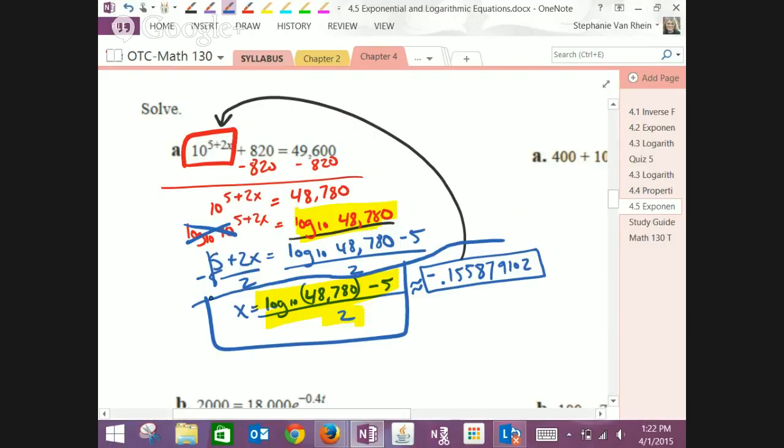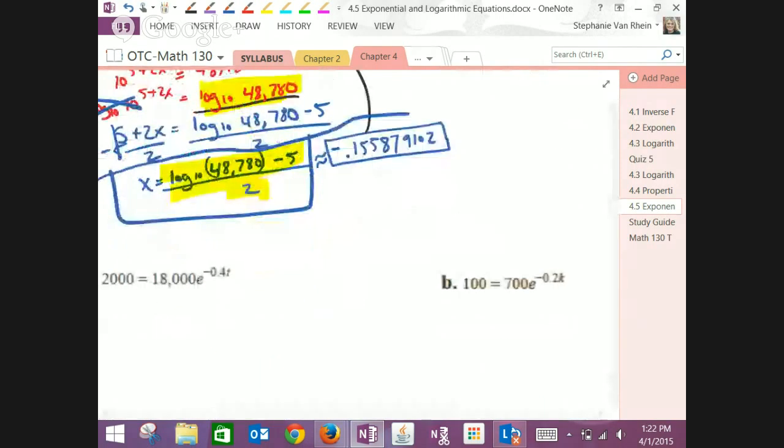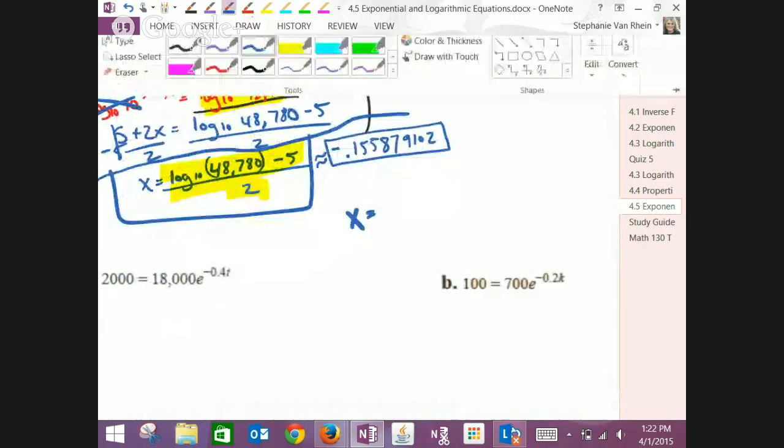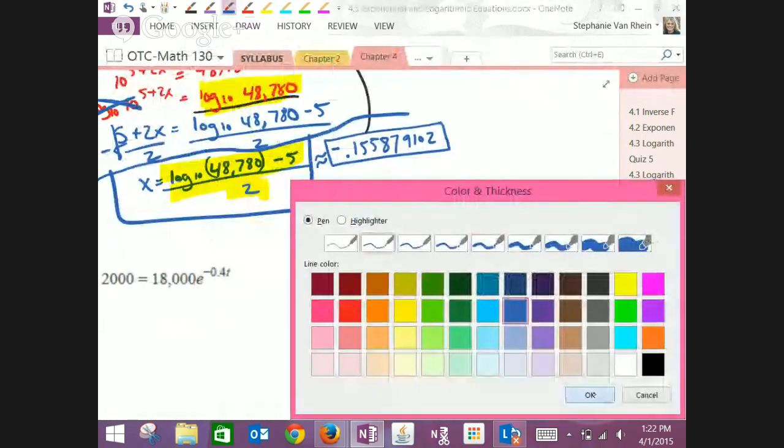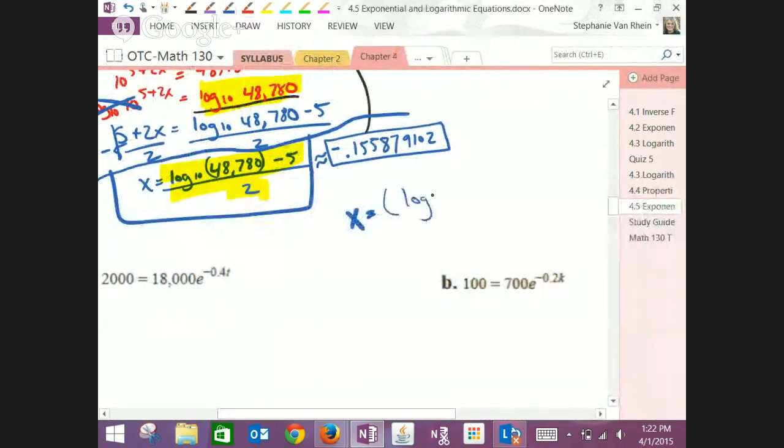Because if you don't hit enter or if you don't put it all in parentheses, you're really only taking this minus 5 over 2. Order of operations in your calculator is important. You could put x equals open parentheses log base 10 48780 minus 5 divided by 2.